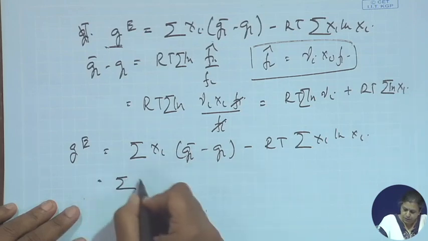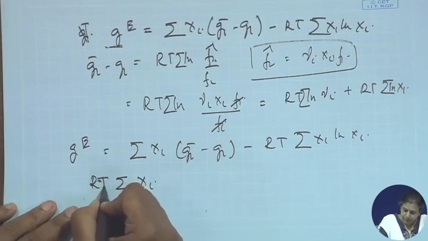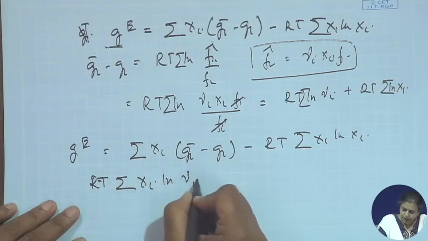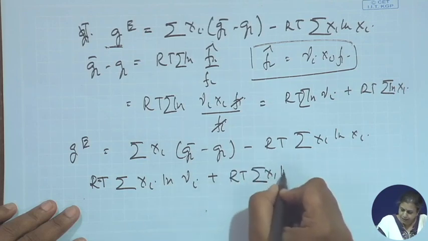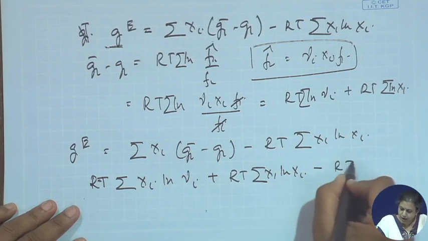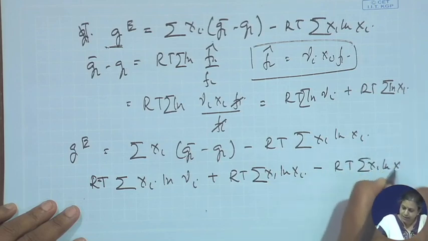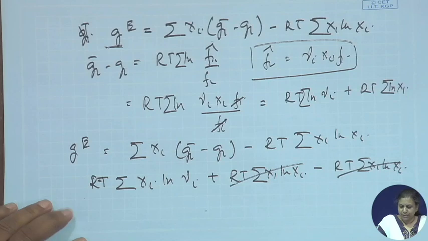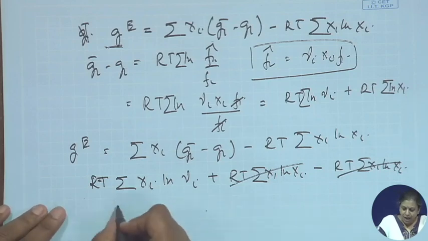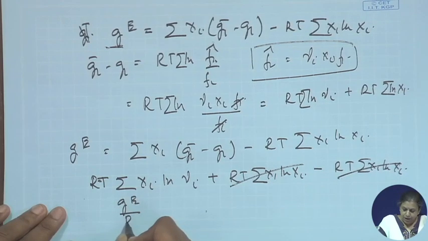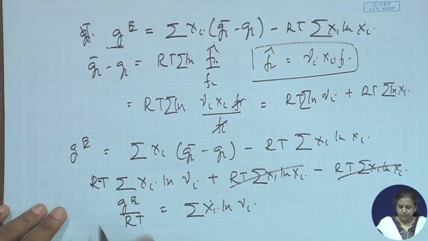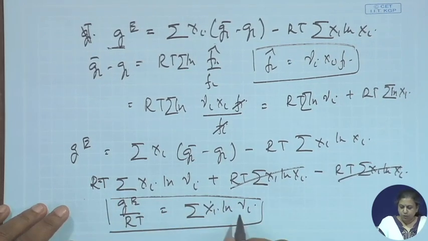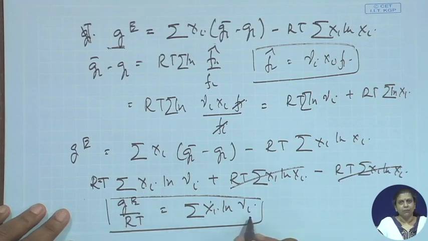This is equal to sigma xi, RT can be taken outside, ln gamma i, plus RT sigma xi ln xi minus RT sigma xi ln xi. And what do I get as a result of this? I find that the gamma i can be related in a very simple way with this. This is the relationship of excess Gibbs free energy with gamma, right.